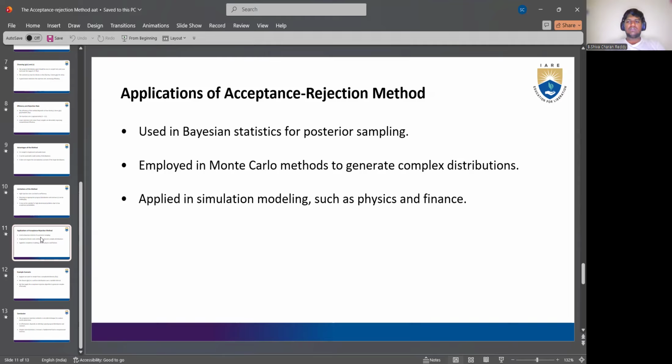In Monte Carlo methods, the acceptance and rejection method is used to generate complex distributions. It is applied in simulation models such as physics and finance, as I said, it is useful in simulation.